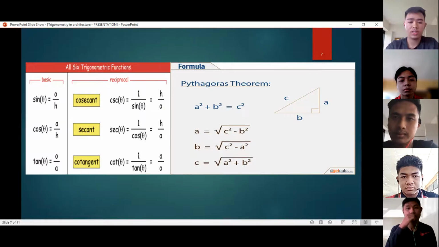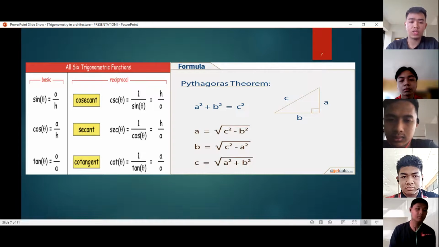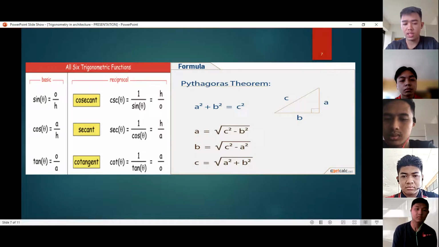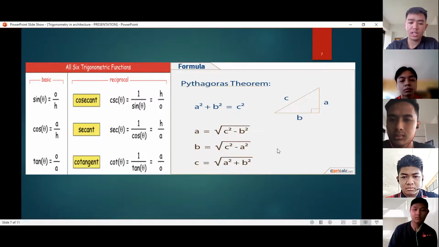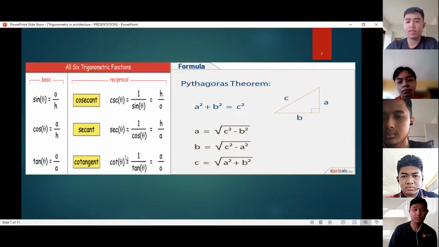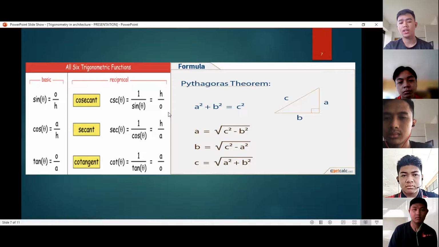Second, secant theta equals 1 over cos theta, equals hypotenuse over adjacent. And the last one is cotangent theta equals 1 over tan theta, equals adjacent over opposite.